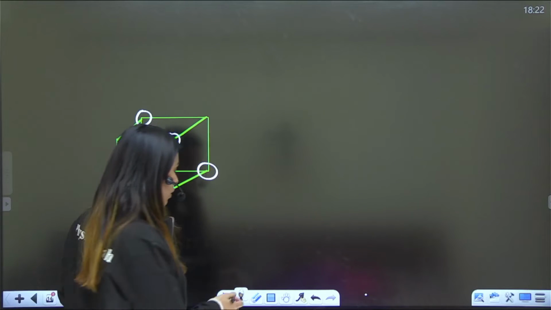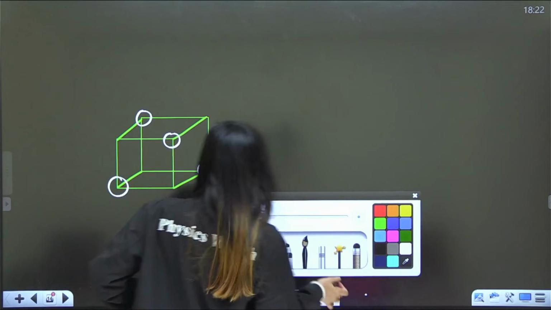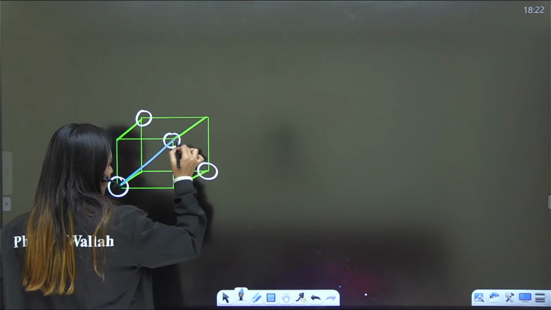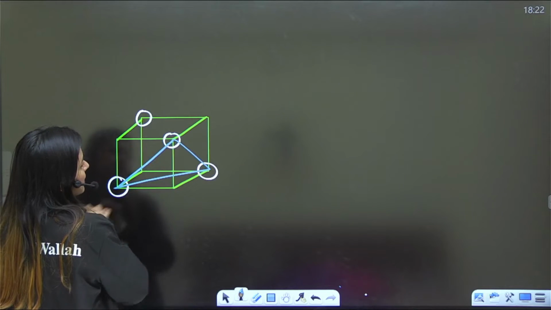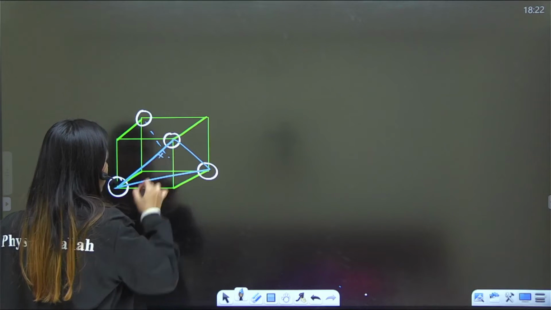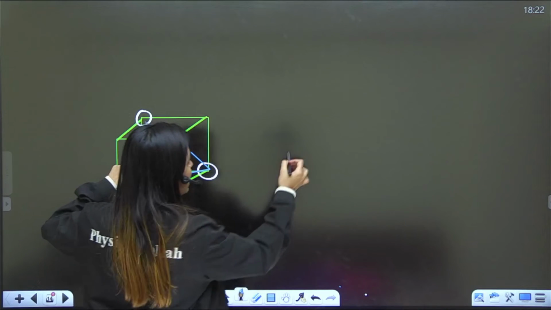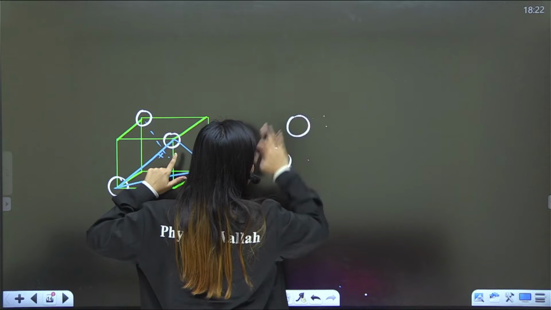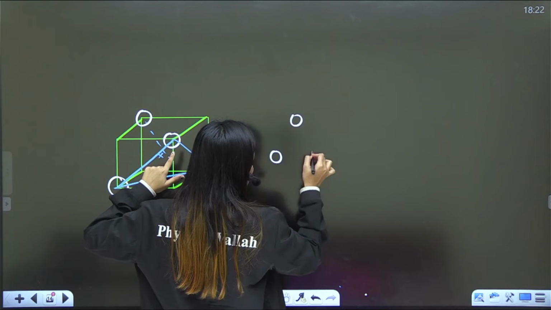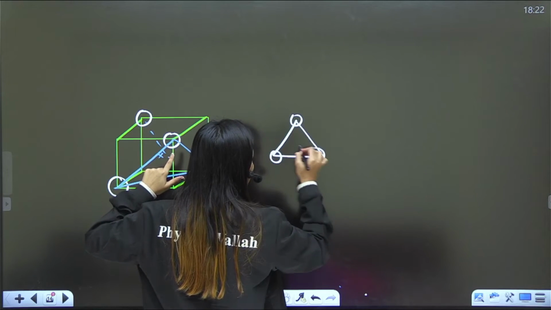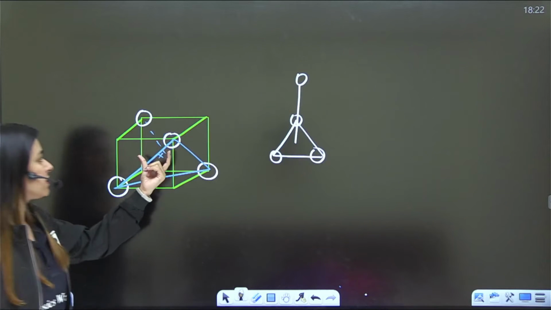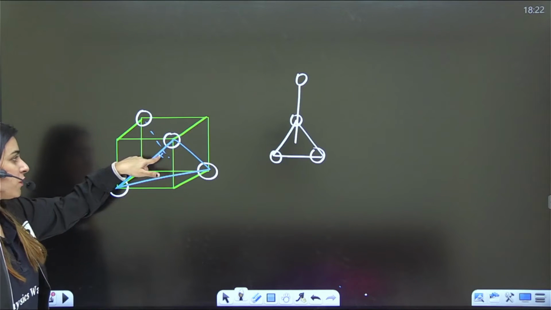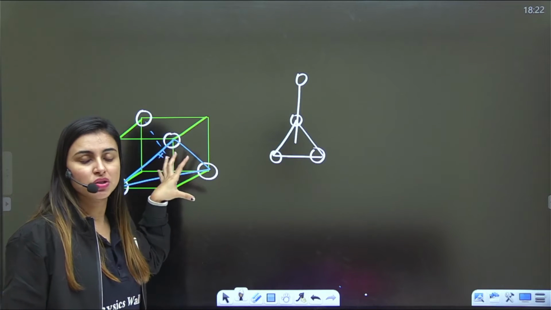Now what you are supposed to do is try to connect these 3. If you connect these 3, you will see that one atom is present here, and this is how a tetrahedral void is made. So your tetrahedral void would be somewhere here. This picture seems something like this, and one atom is present here, and a void would be present in the center of this imaginary cube, right?